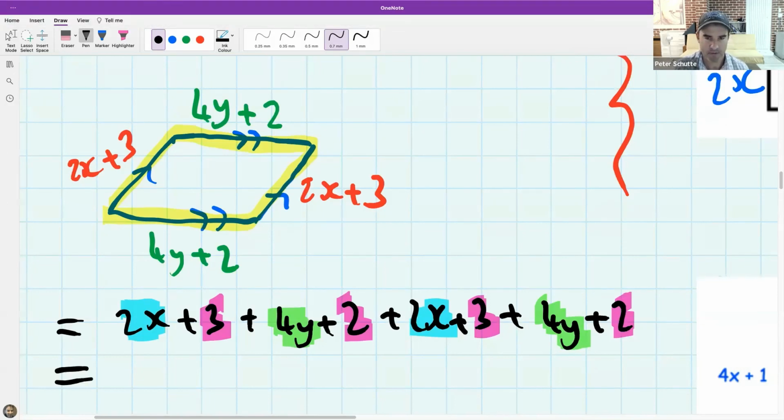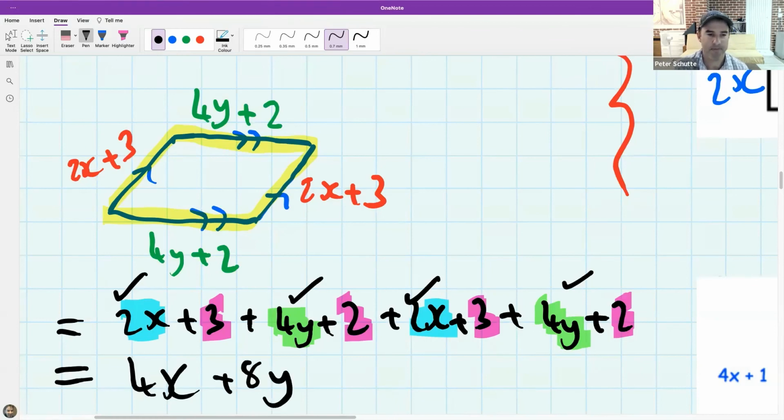Yes, sir. What do you get? So you'll say 2x plus 2x, which is 4x. Yes, perfect. And then you say 4y plus 4y, which is? 8y. Yes. And then you'll add 2 plus 2, which is 4. And 3 plus 3, which is 6.